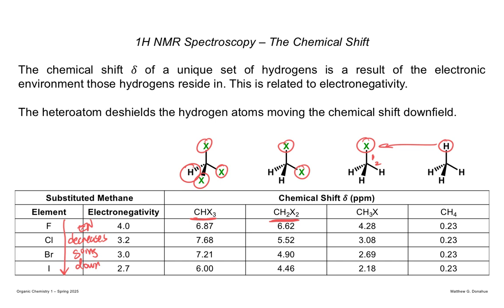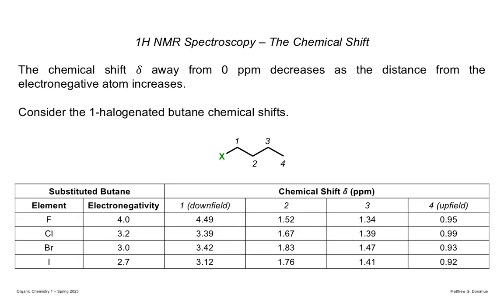And so it's the effect through two bonds. But what if we have longer chains? What's the effect then? So for this, we're going to look at a 4-carbon chain. So this is a butane derivative. And at the 1 position now is our X group, so element X.